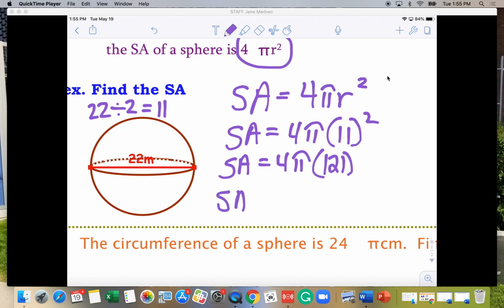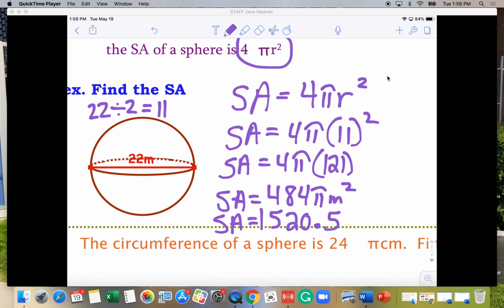The surface area then is 484 pi meters squared, or if they wanted you to round, you would use the pi key and you get 1,520.5 meters squared. So either they want the exact answer or they want the approximation, and that just depends on the problem.